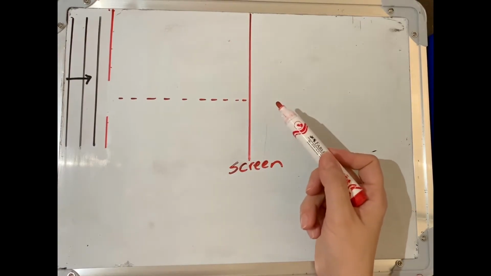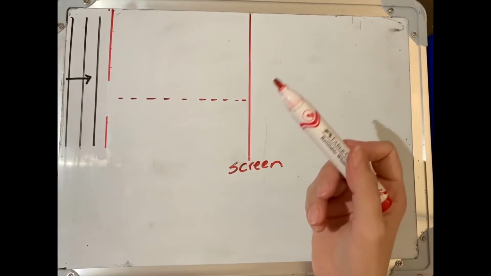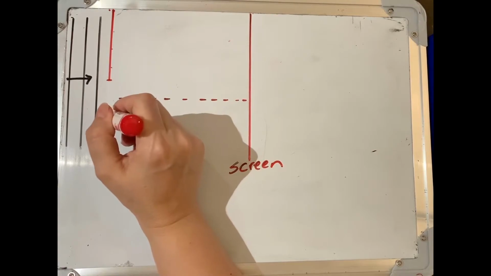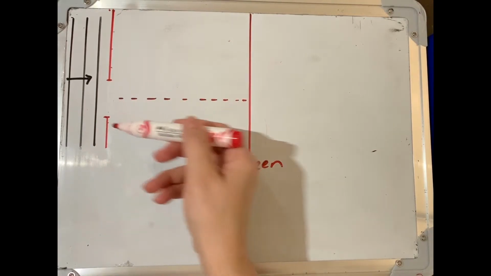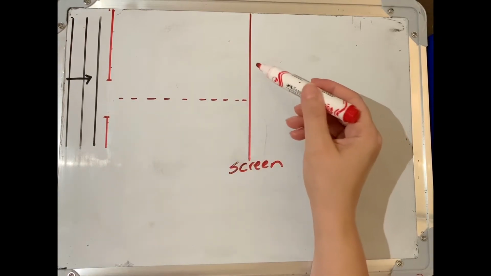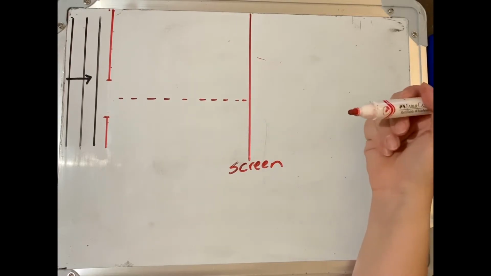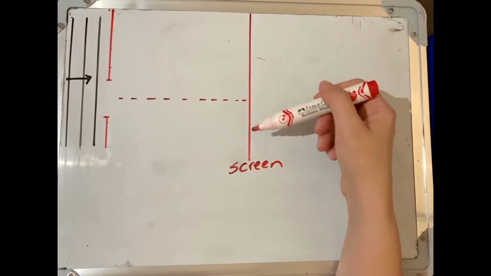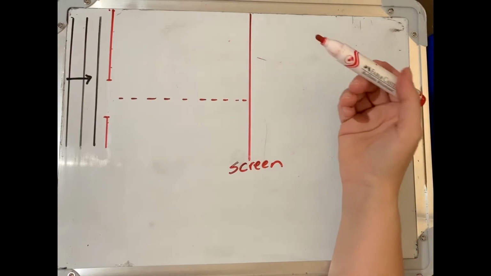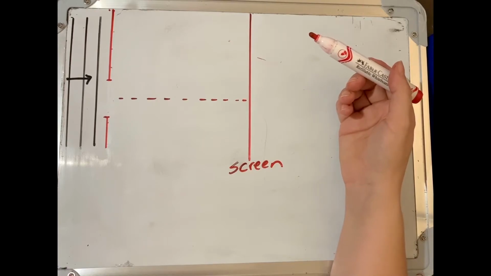Combining what we know of interference with diffraction, we will see that this gap, behaving as a series of point sources, will cause a central combined constructive interference region on the screen. And there will be an edge, a limit to that constructive interference, which will be the first minimum that is observed on the screen. So it's going to look like this.